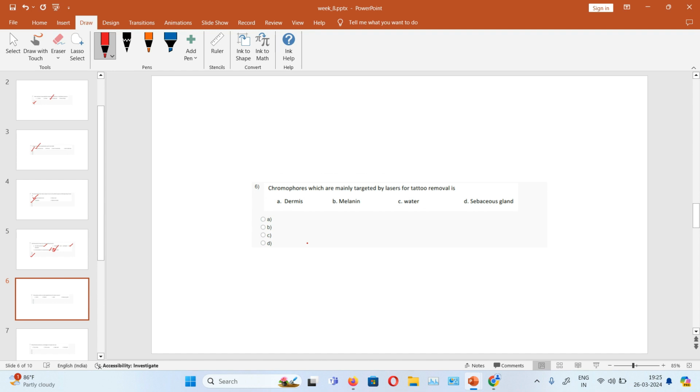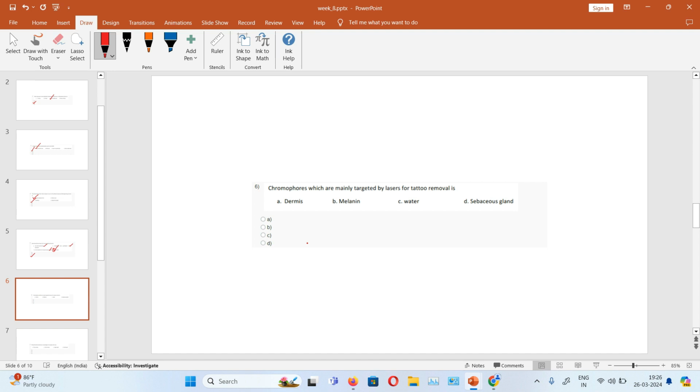Chromophore, which is mainly targeted by laser for tattoo removal, is. The tattoos actually sit below the epidermis layer.